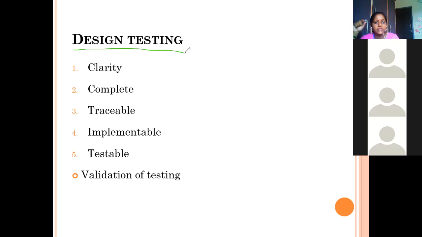Here the design will use whatever different syntax you are using for designing, and according to that you will be designing the system. The design must also possess some characteristics, of which the first is clarity.